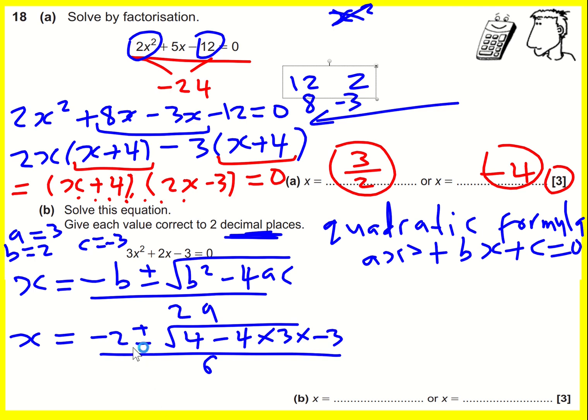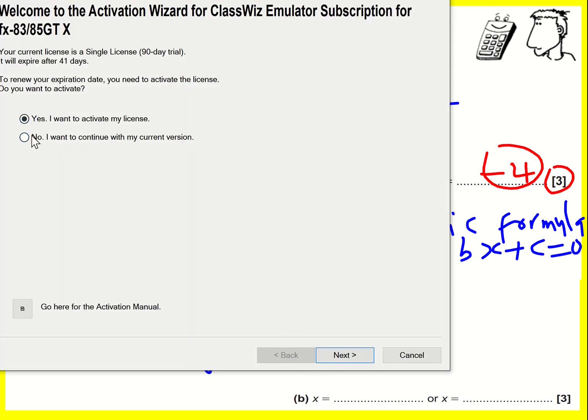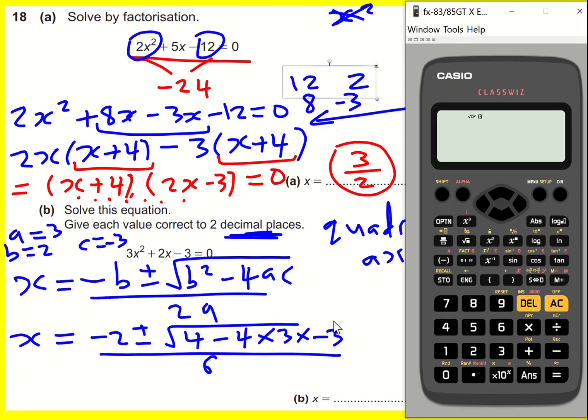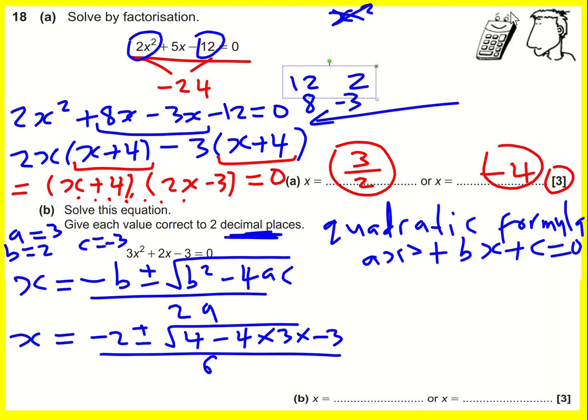I'm going to use my calculator to figure this out. So, fraction button, minus 2 plus square root 4 minus 4 times 3 times minus 3 all over 6 equals. It's given it to me as a third, I'm not even going to write that one down. 0.7207.